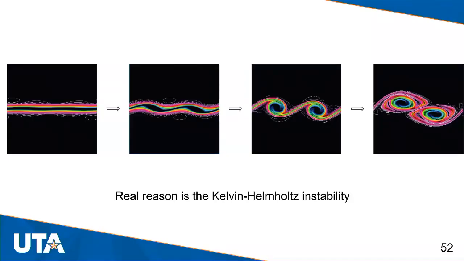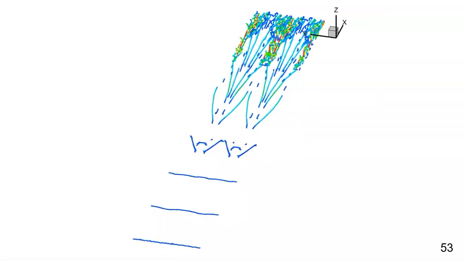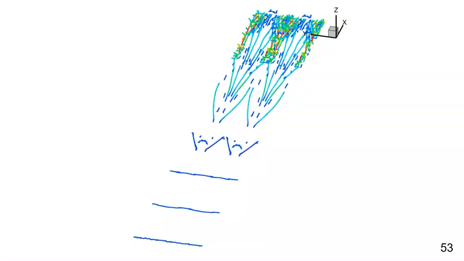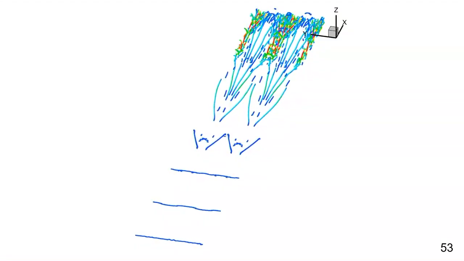Strong shear, and two vortex rings, one slightly higher, one slightly lower, right? So their features match. So we think the real reason is Kelvin-Helmholtz instability. And let's look at the movie, so we can see why I say this part is reasonable.